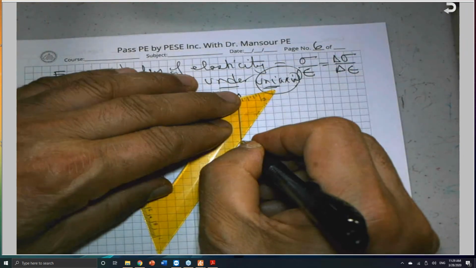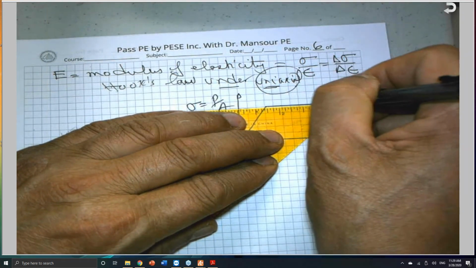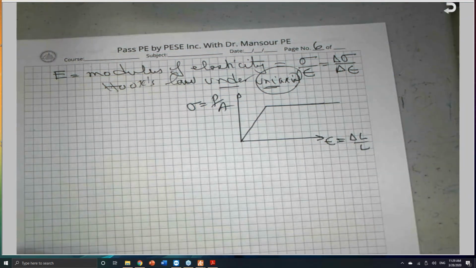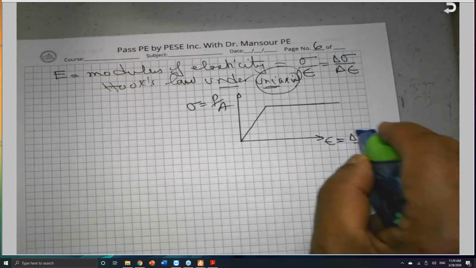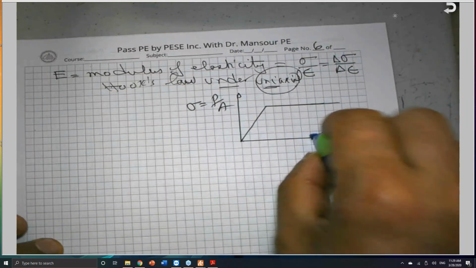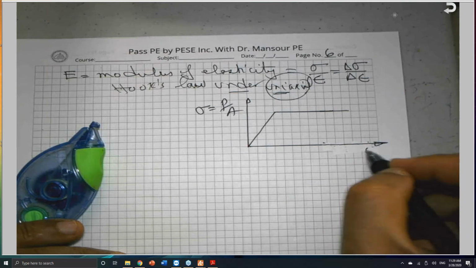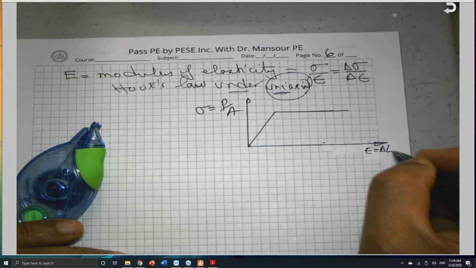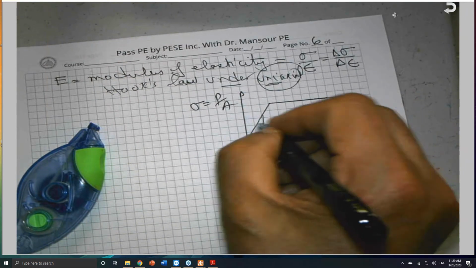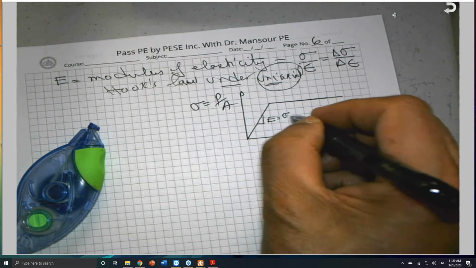So we do have a linear portion. Epsilon is delta L over L, and the slope of this line is called E, which is rise over run, sigma over epsilon.